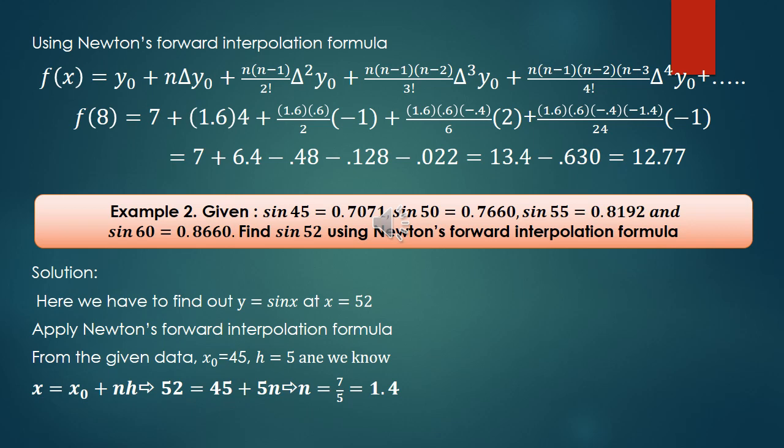Then substitute the values: f of 8 is equal to y naught, which is 7, plus n, 1.6, into del y naught, which is 4, plus 1.6 into n minus 1, that is 0.6, divided by 2 factorial, which is 2, into del square y naught, from the table minus 1, plus 1.6, n minus 1 is 0.6, n minus 2 is minus 0.4, divided by 3 factorial, which is 6, into del cube y naught, which is 2 from the table, plus 1.6, 0.6, minus 0.4, n minus 3 is minus 1.4, divided by 4 factorial, that is 24, into del 4 y naught, minus 1 from the table.